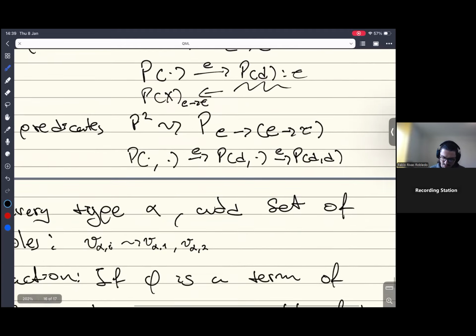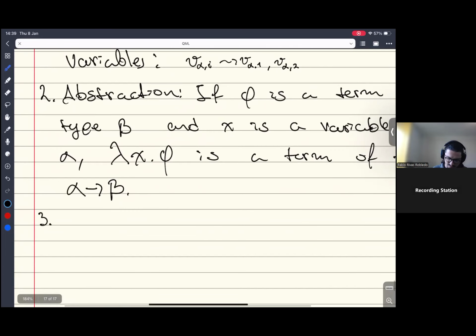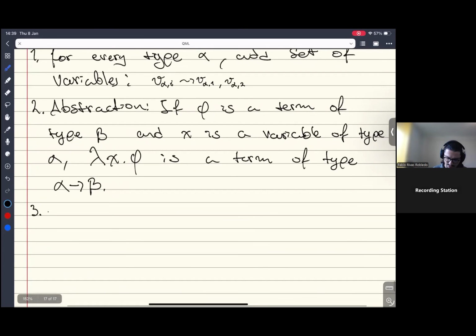And then the other thing that we can do is what I was explaining before, but now let's do it more formally, which is called application.